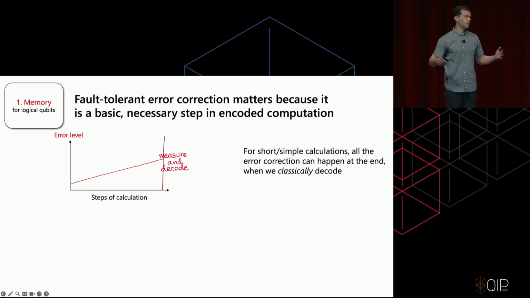You can think of the error level starts off at some small amount, and as you run the calculation forward, the error level is going to increase and increase and increase. And for short calculations or simple calculations, you can stop the calculation, measure the data, and decode it in your classical computer, provided the error isn't too large.